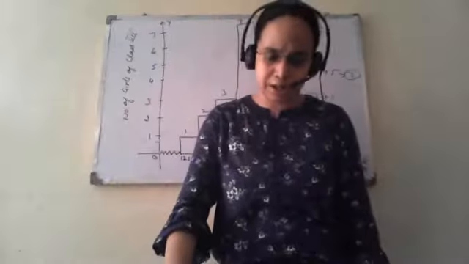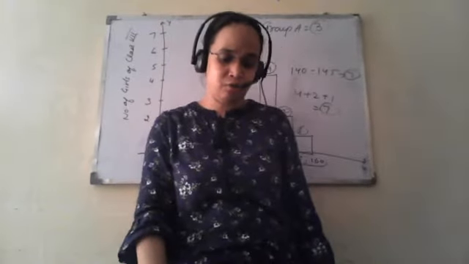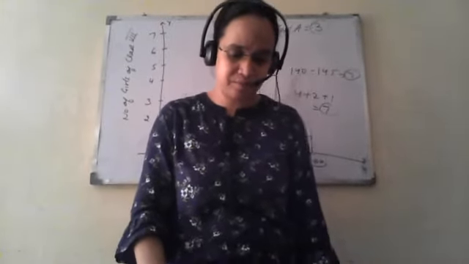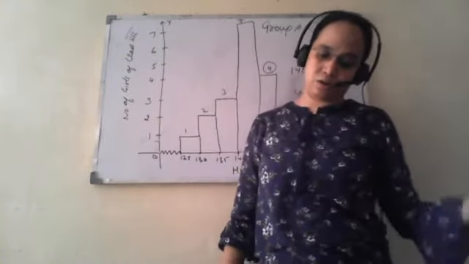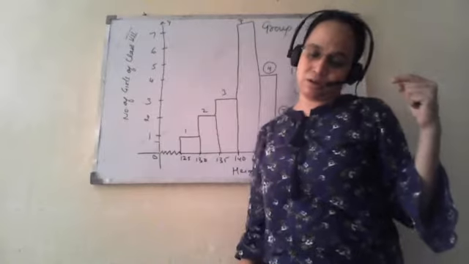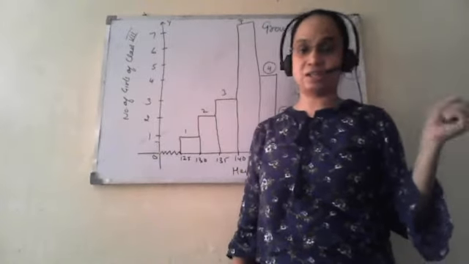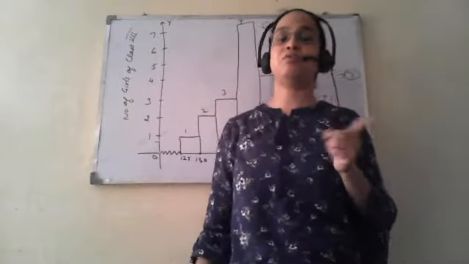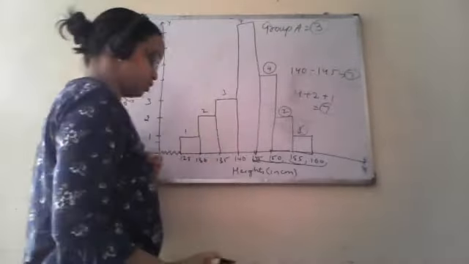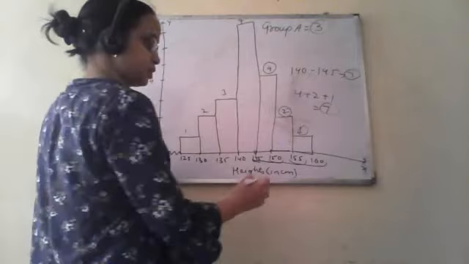Group B, what criteria have they given? 140 centimeter to less than 150. Okay, so 140 is inclusive, to less than 150, that means 150 is not included. So what will it be?